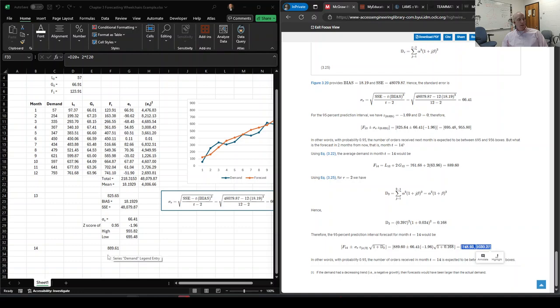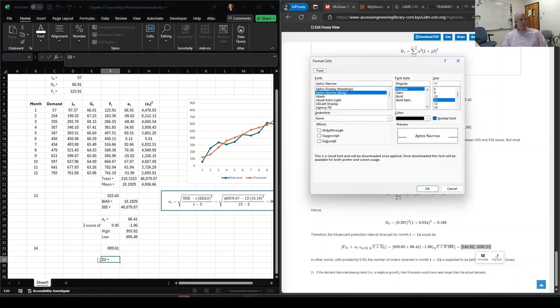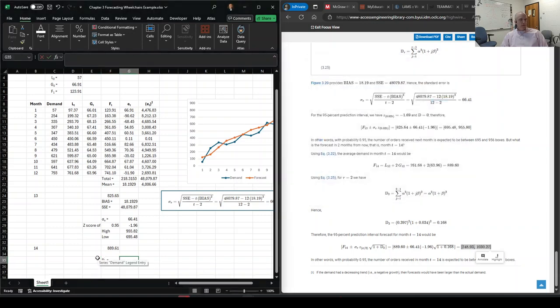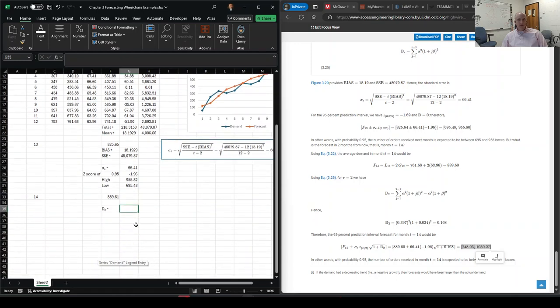So in order to do that, let's look at this, what the book calls D2. Actually, we'll put that right here. We'll do a subscript on the 2 just to follow along with the book so it's a little bit more clear.